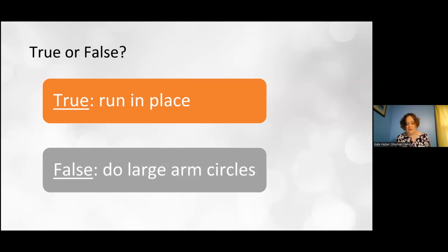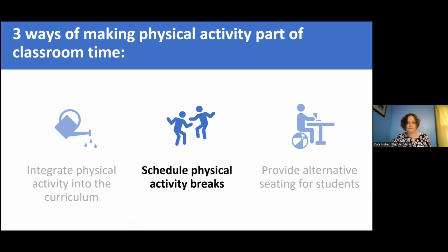Really great way to check for understanding as well, because they're all doing it at the same time. So if you have half the class thinking it's true and half the class thinking it's false, you need to reteach some content, right? Again, same thing with math, odd, even, positive, negative.